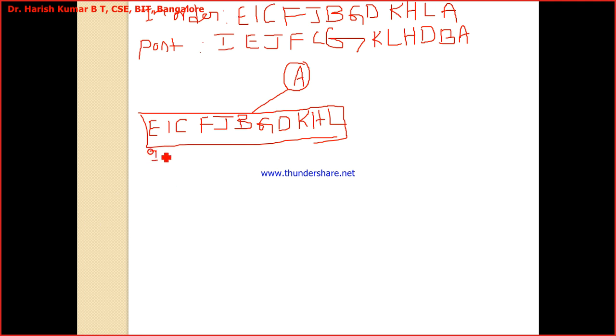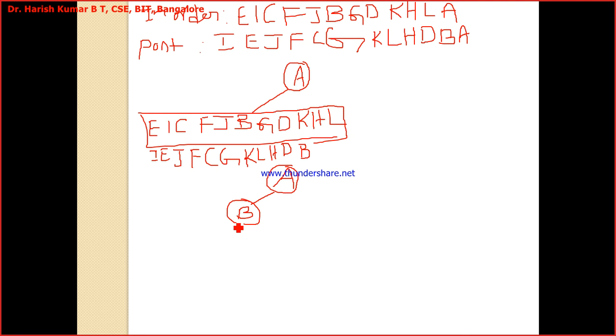I, E, J, F, C, G, K, L, H, D, B. So in the next sequence, A, I'll write. Now B, I have found, is the left child of A.